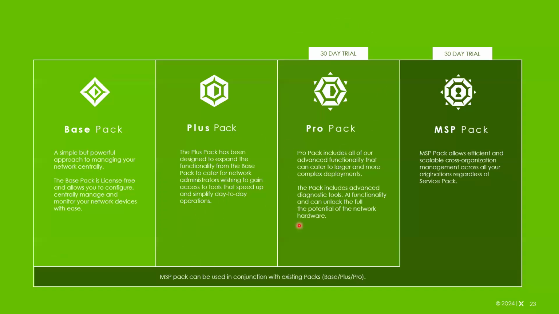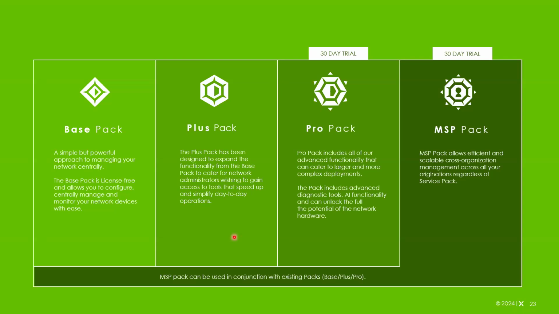Pro Pack is what we've had since the launch back in 2016. It unlocks a lot of additional features, and I do have some slides where we'll go more in depth, but it's mostly aimed at troubleshooting tools, log retention, things like that. And then Plus Pack was something we launched just a few years ago to compete with some of the lower end new cloud solutions that were popping up, which were a lot less feature oriented than what we had.